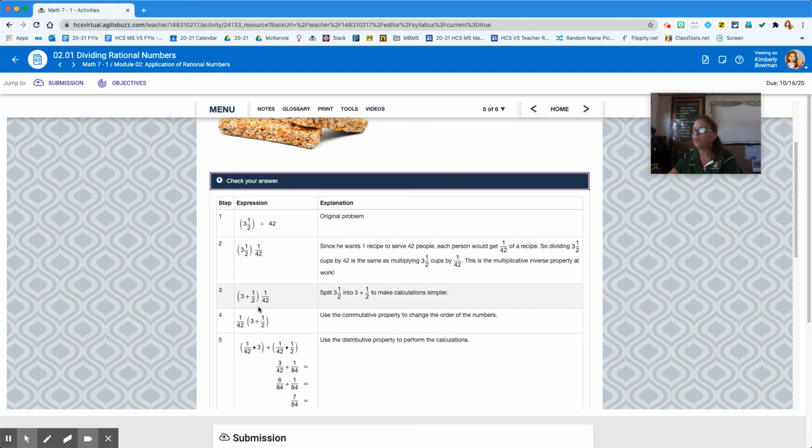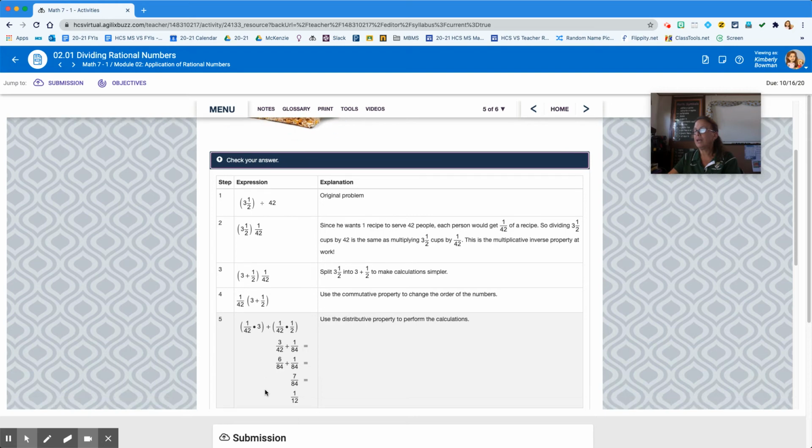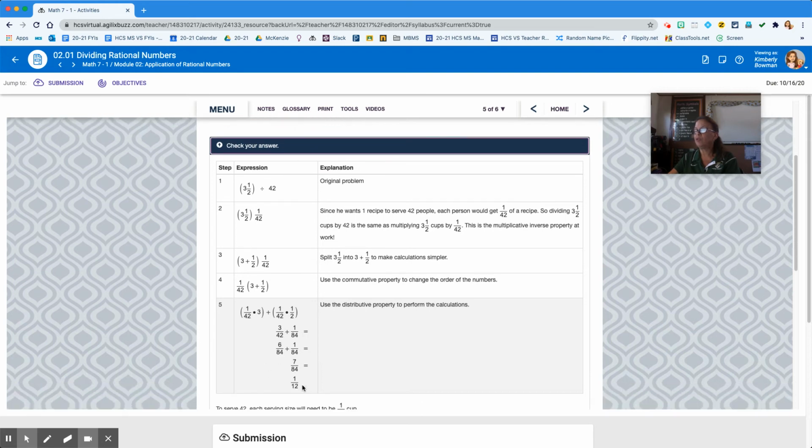So they've got 1/42 times 3, which gives you 3/42, and then they've got 1/42 times 1/2, which gives you 1/84, and then you've got to add those with a common denominator, so they multiplied this by 2 to get it to be 6/84, so you've got to multiply top and bottom. Okay, and then they added together and got 7/84, and both of those are divisible by 7, giving you 1/12.